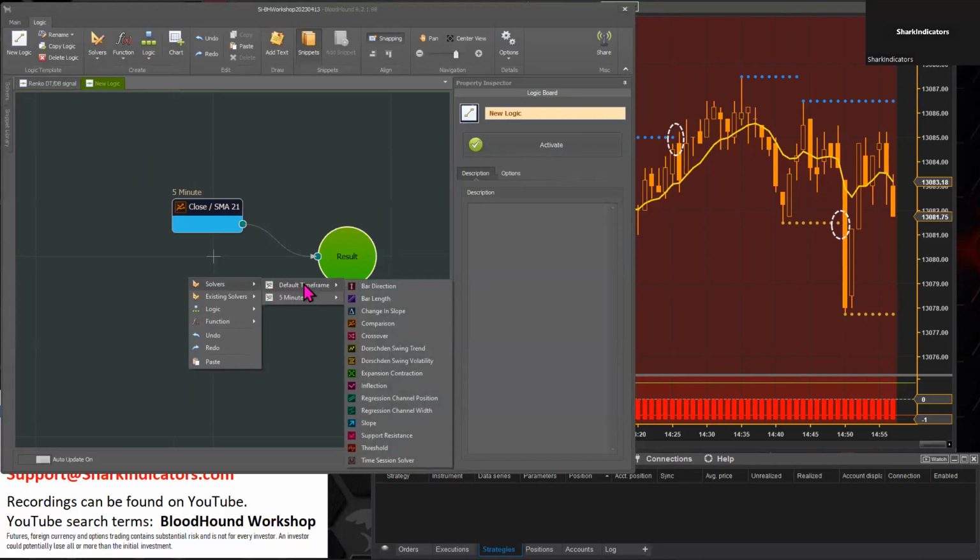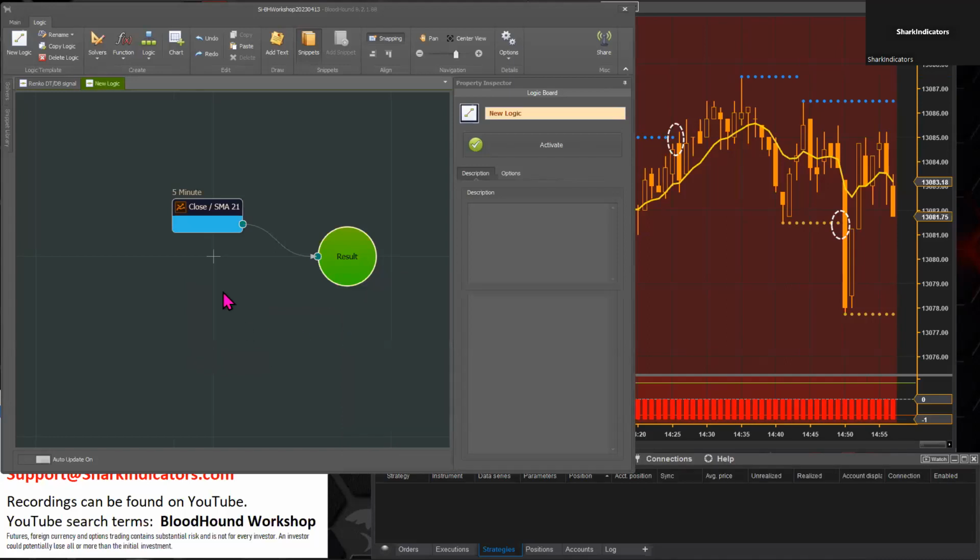That's the default time frame, because BloodHound is running on the 1 minute chart. So the 1 minute chart is always the default time frame, unless, of course, you change your chart. If you change your chart to a 2 minute chart, then the default time frame becomes a 2 minute time frame. But in any case, let's add our comparison solver.